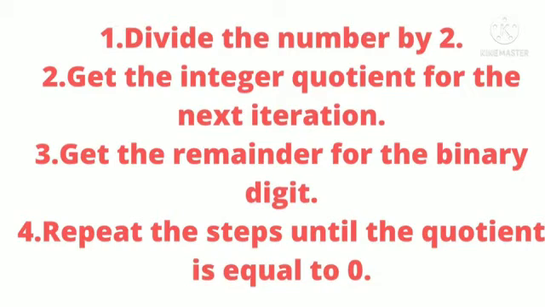We have to do the division until the value 0 comes. For the result you have to see from bottom to top. You should consider the values from bottom to top. So now we will see some examples for it.